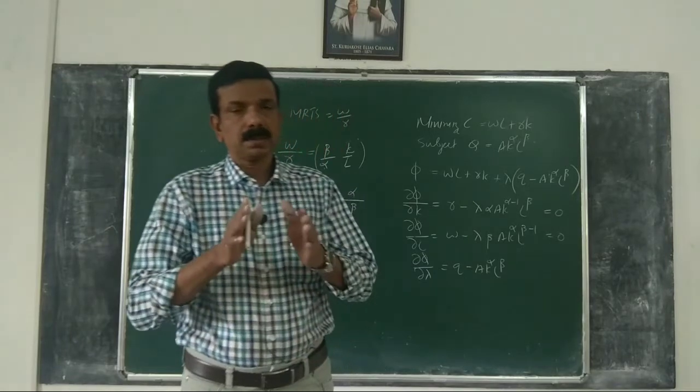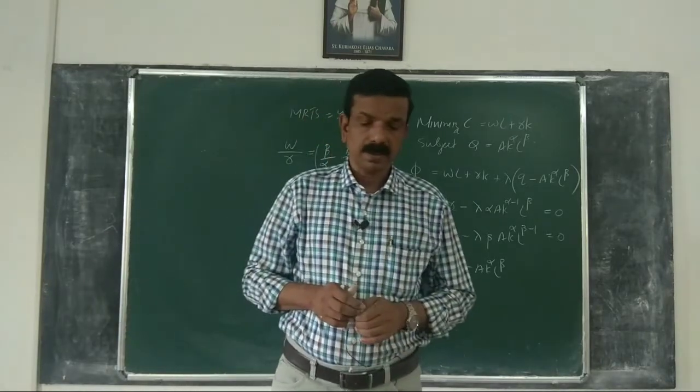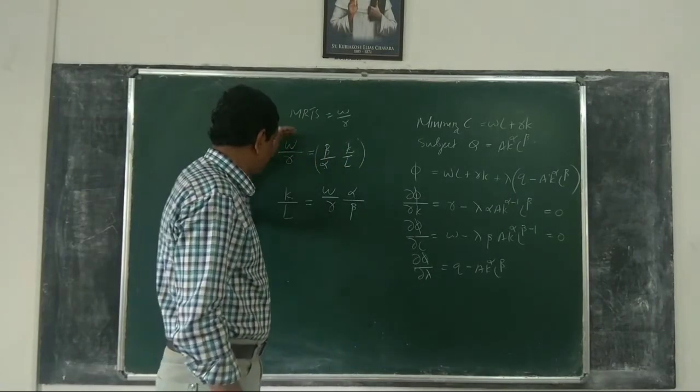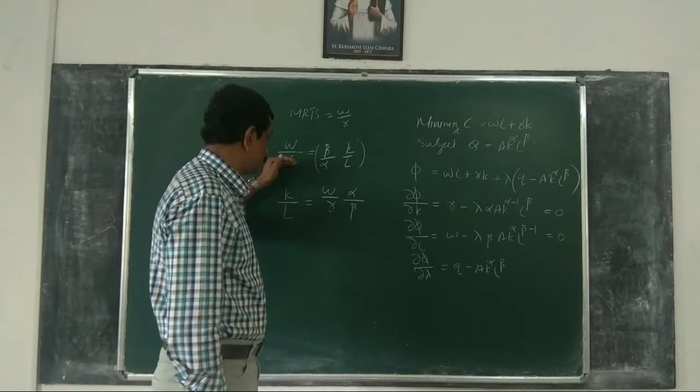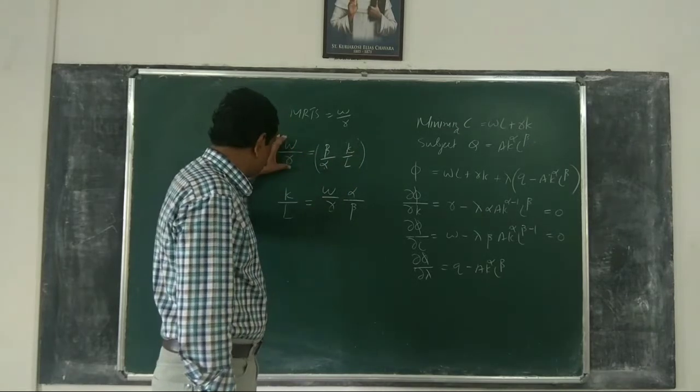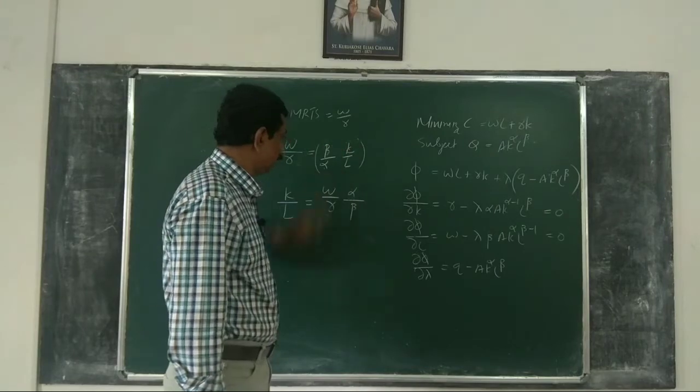Now, it is clear that the cost is minimized when the ratio of input prices W by R is equal to MRTS.